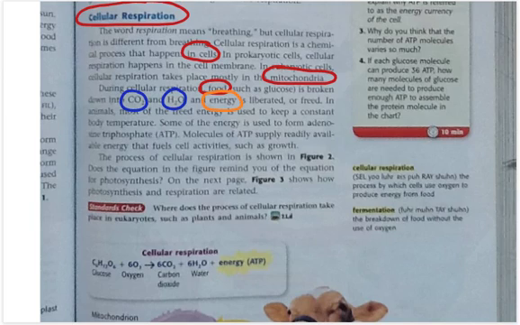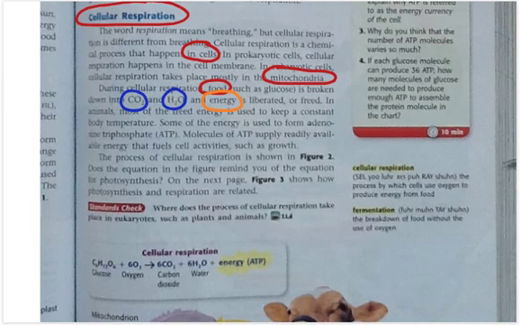In animals, most of the freed energy is used to keep a constant body temperature. Some of the energy is used to form adenosine triphosphate. That's the ATP. All right, you ready? Adenosine triphosphate. You can just call it ATP. That's energy. Molecules of ATP supply readily available energy that fuels cells' activities such as growth.